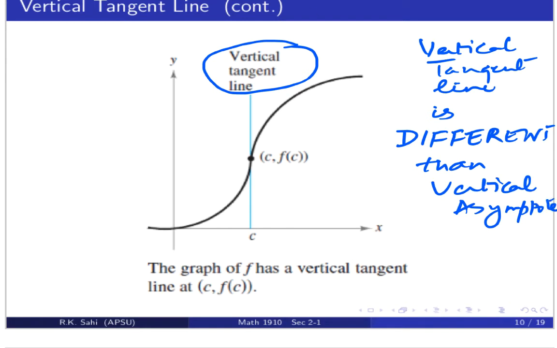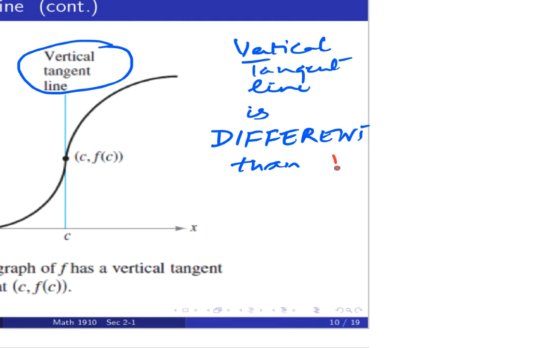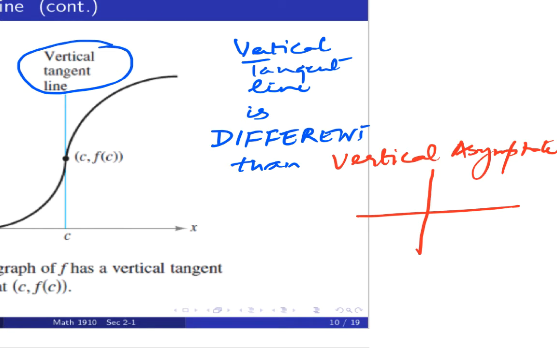So when you think of the words vertical asymptote, okay, let me use a different color. This is a vertical asymptote, guys. When you see a vertical dotted line, and then you see the graph, suppose the graph goes like this.